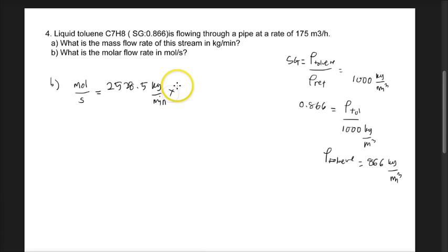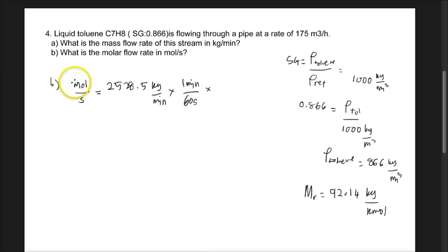We convert the minute into seconds, so 1 minute is equal to 60 seconds. From kilogram to mole, we can use the molar mass of toluene, which is C7H8. The molecular mass of toluene is about 92.14 kilogram per kilomole, or gram per mole, whichever you want. So I'm using 92.14 kilogram per kilomole.